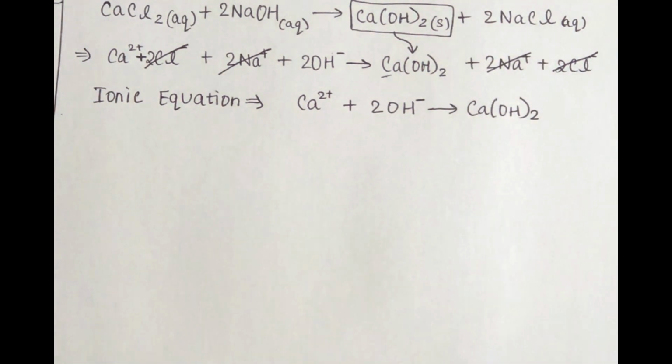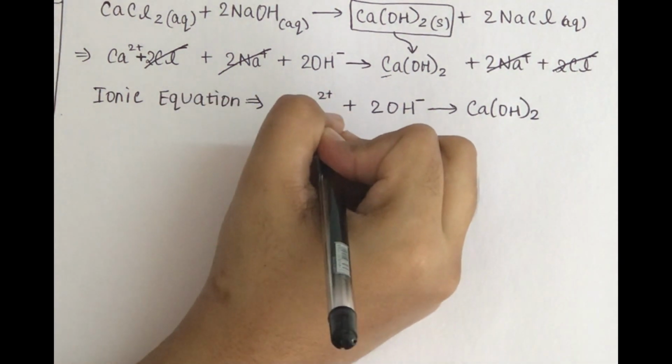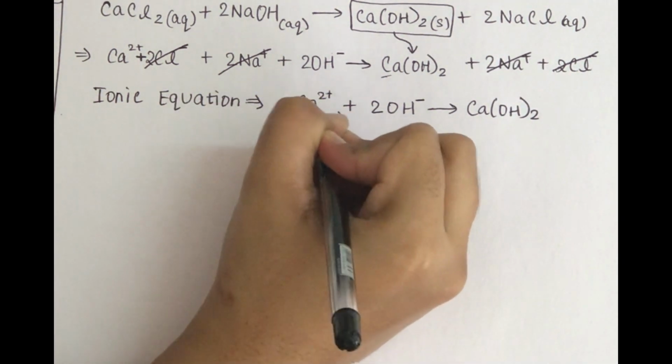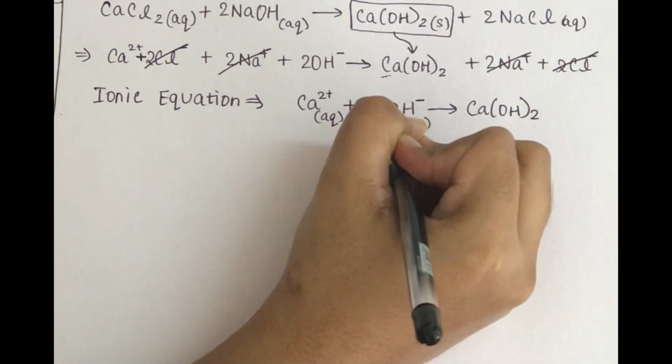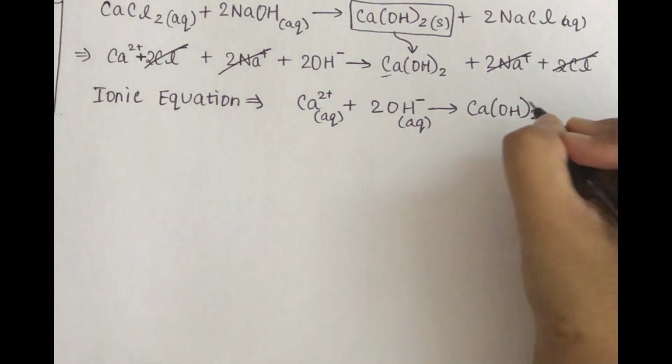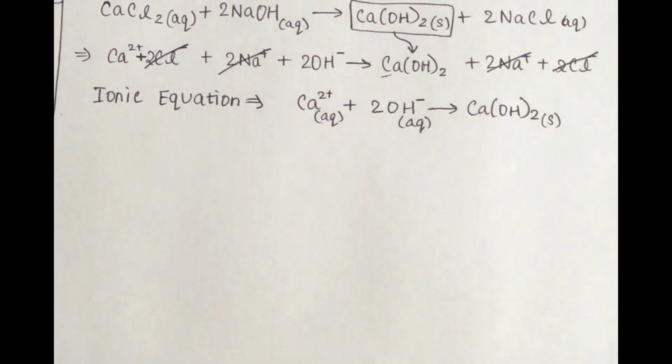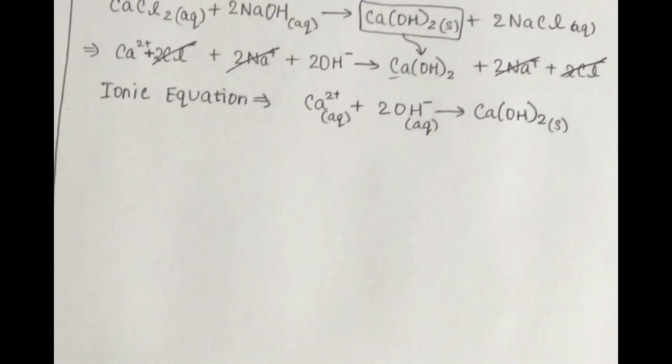And remember to include the state symbols. So Ca2+, this is aqueous. This 2OH- is also aqueous. Whereas Ca(OH)2 is solid. You can just put down the state symbols in brackets.